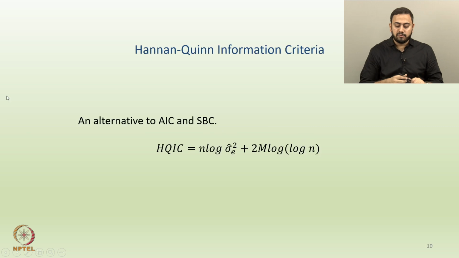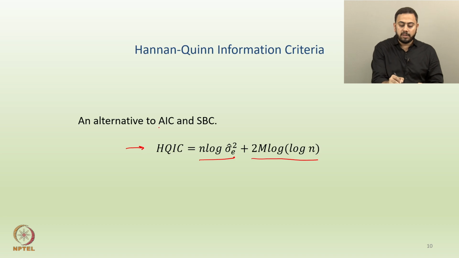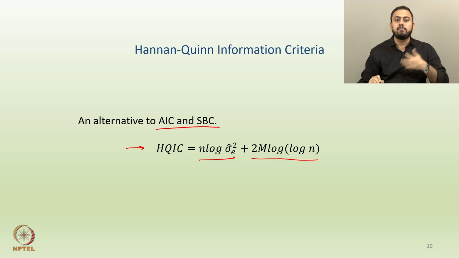As you see in the formula, Hannan and Quinn gives an extra additional term here. n log sigma square E hat is the same as in AIC or SBC, but now instead of 2m or m into log n, you have 2m log of log n. Hannan and Quinn has its own advantages or probably disadvantages compared to AIC and SBC, but as discussed, people prefer either AIC or SBC because of simplicity.